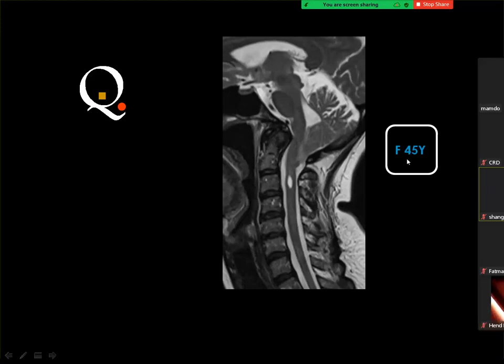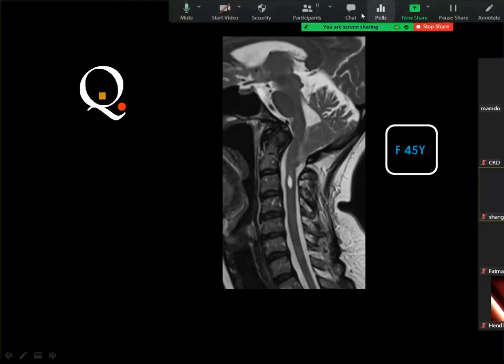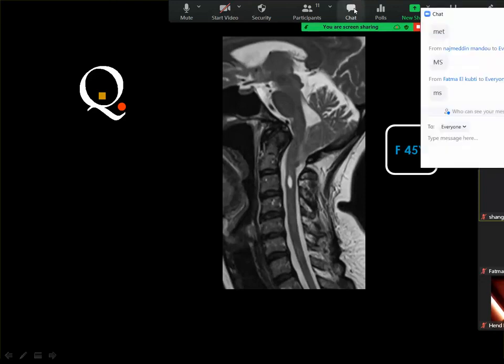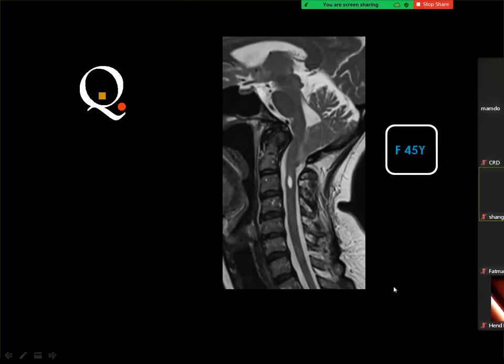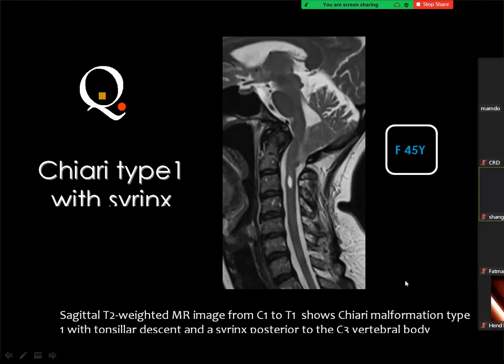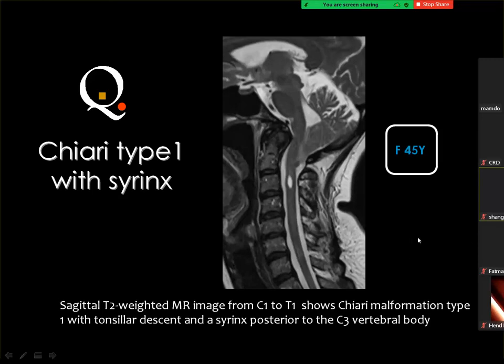This is a female patient, 45 years old, with this lesion in the proximal part of the spinal cord. And this lesion is very bright to represent an MS plaque. This is a cystic lesion in the substance of the cord, which may represent one of two, either an ependymal cyst or a syrinx, localized syrinx.